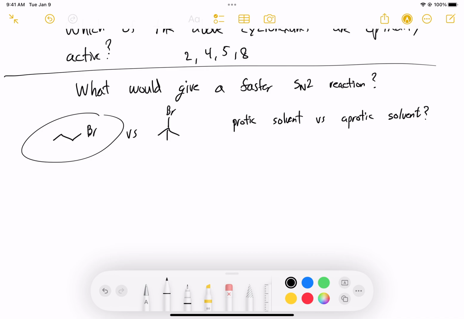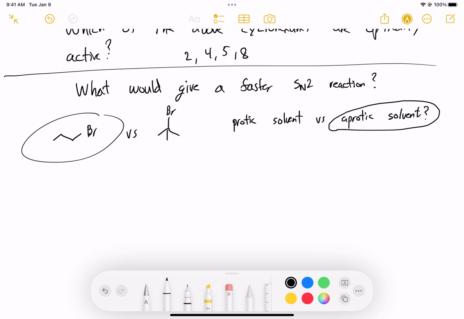So remember, in SN2, the rate is also dependent on the nucleophile, whereas in SN1, that's not the case. So in this case, we would want an aprotic solvent because it would give us a better SN2 reaction, because it won't surround the nucleophile and inhibit reactivity.